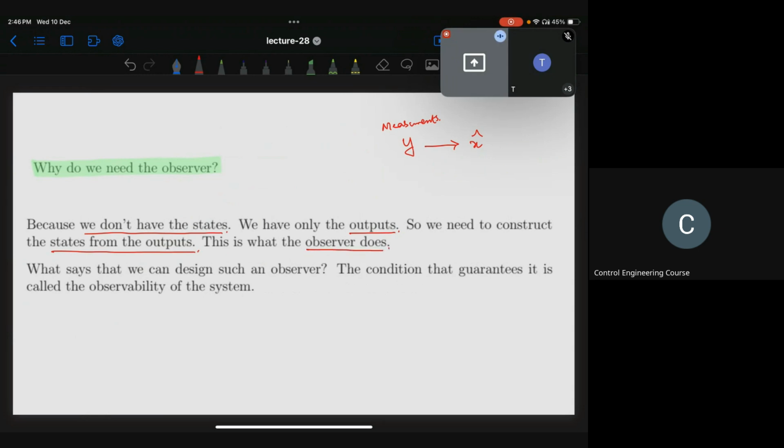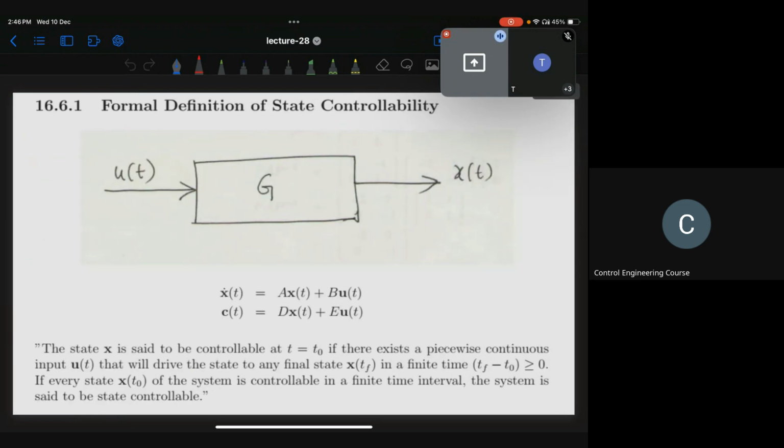Let's go one by one. First is state controllability. The general definition of state controllability for a given state space model is this.